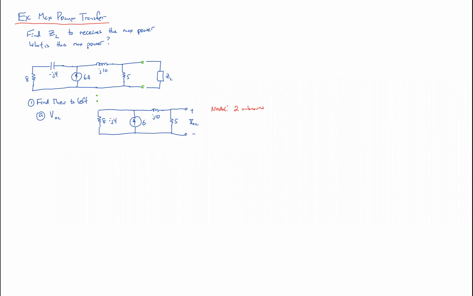If we did mesh, this is going to be a super mesh around here. That would find this outermost current, but then we'd have to do an extra step to find what VOC is. We'd have to take 5 times the part of the super mesh that's on this side.